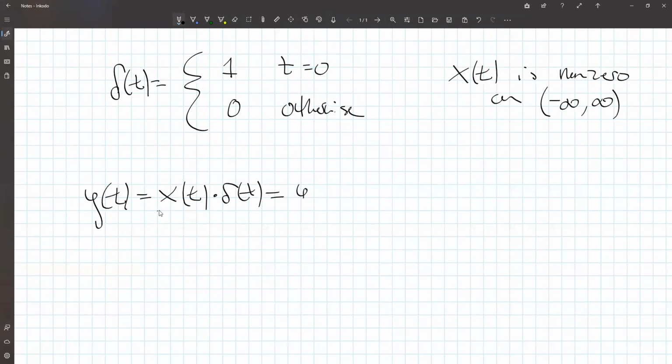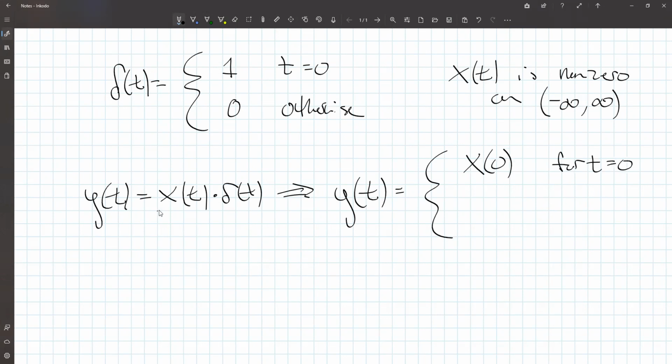Let me write it like this. We could rewrite y of t as a piecewise function like this. Y of t is going to equal x of 0 and 0 otherwise.